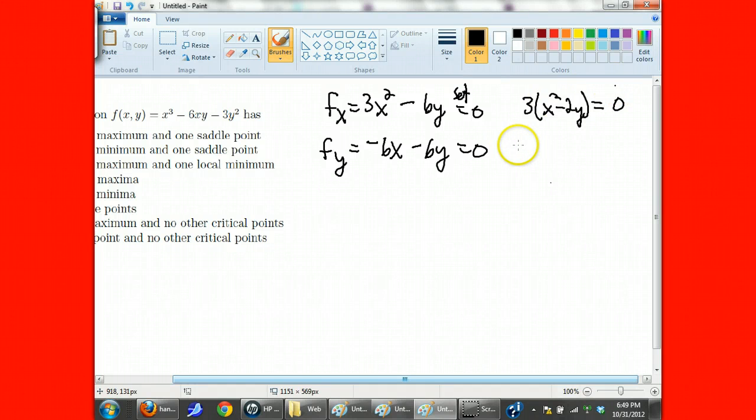If I factor out a negative 6 on this one, it tells me that x plus y has to be 0. Both of these have to be true at the same time. These don't live in a vacuum. They both have to be true at the same time for you to have critical numbers. So on the one hand, x squared needs to be equal to 2y. On the other hand, x has to be the opposite of y.